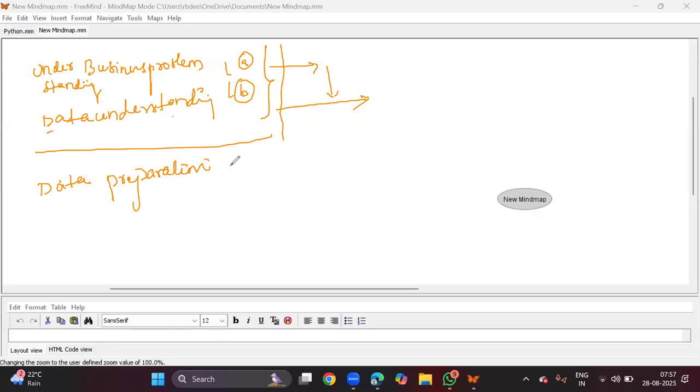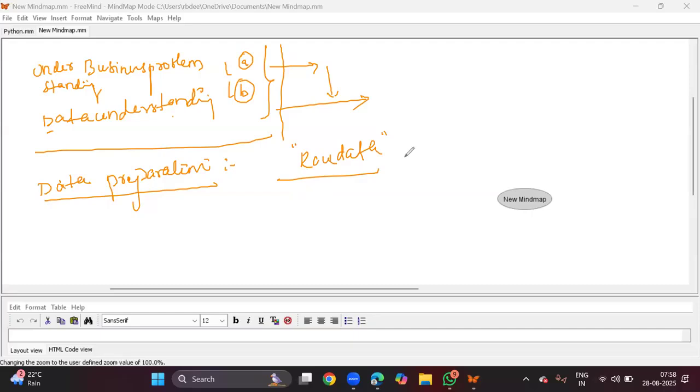What is this data preparation? Data preparation is working on the raw data. Suppose I'm taking some image, a car image or something, and passing it to a machine. It will not understand that it is a JPG file. It will take it as just some KB file.